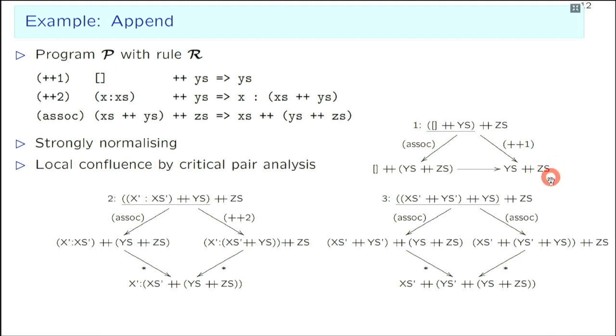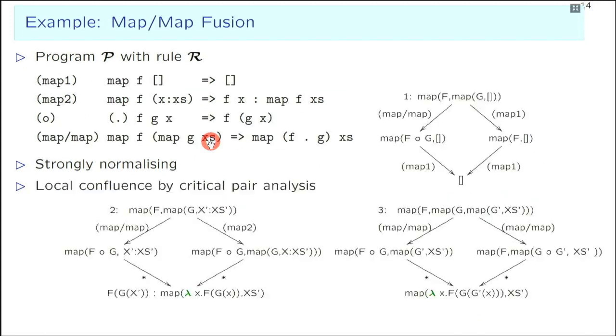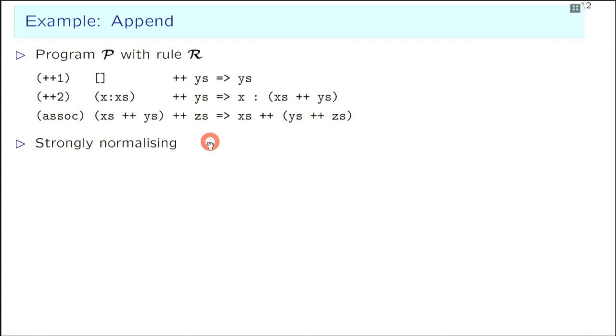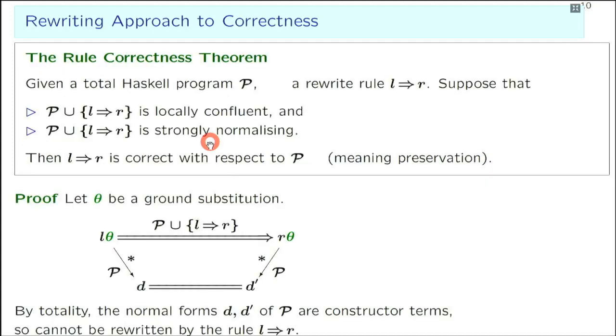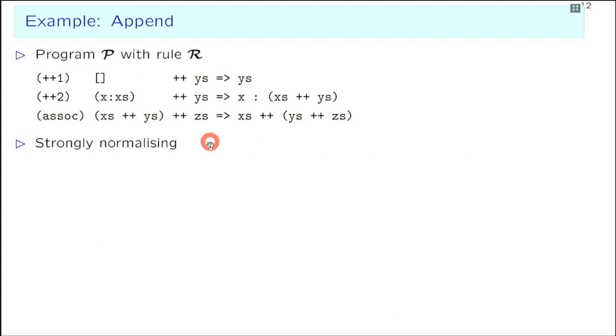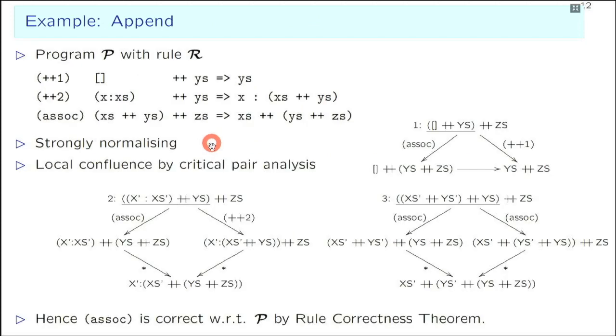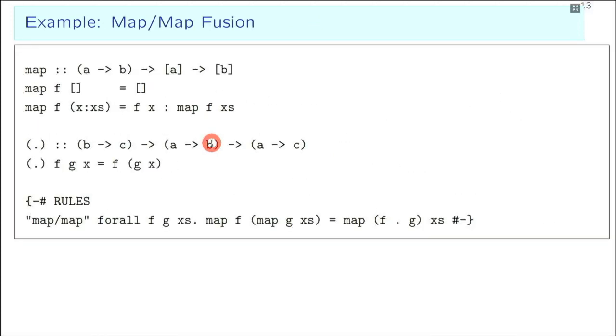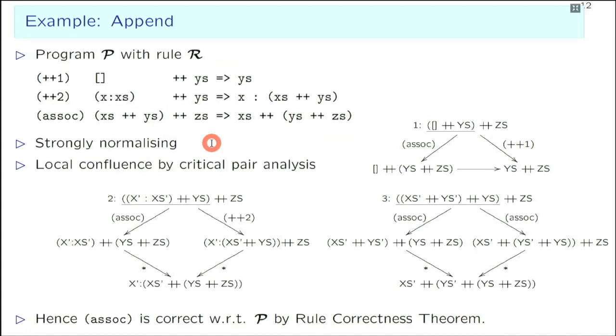Then in rewriting theory, it's known that if all critical pairs are joinable, then we can conclude local confluence. So both of these assumptions are satisfied, so we can conclude that associativity is correct by the theorem.